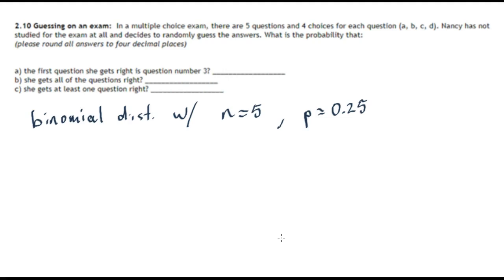What would be the number of successes? I'll just tell you for Part B, we are going to be using the binom PDF function. PDF, because PDF is used when you want exactly some value. So we want exactly all questions right. So I'll let you try that on your own.